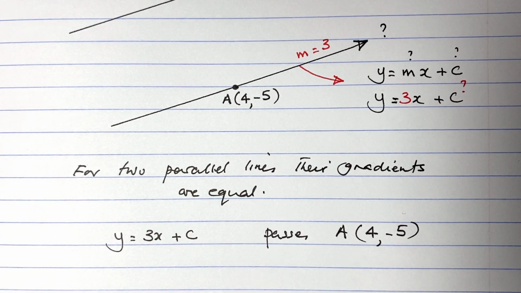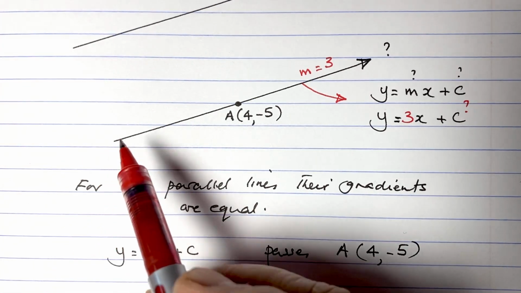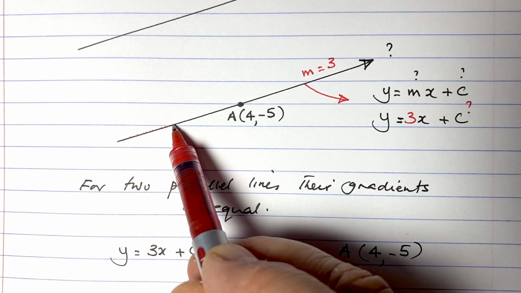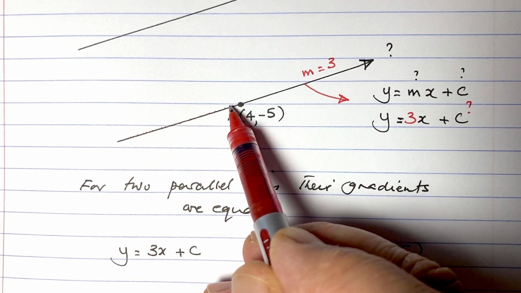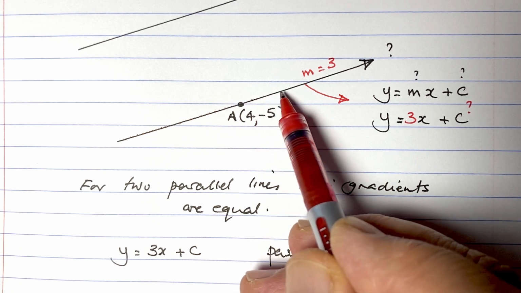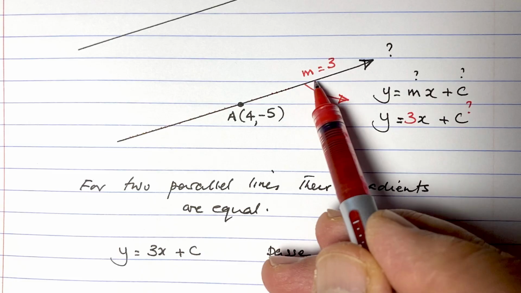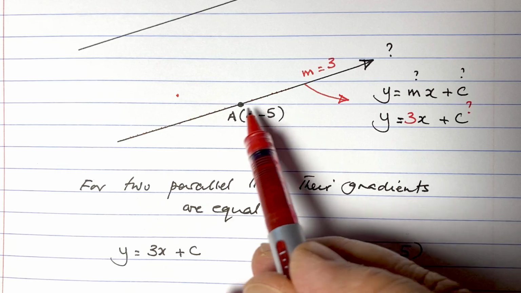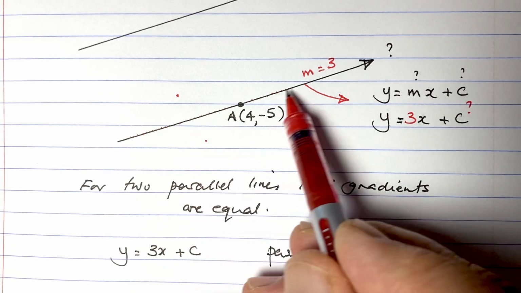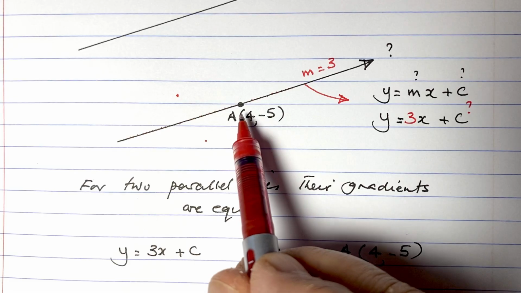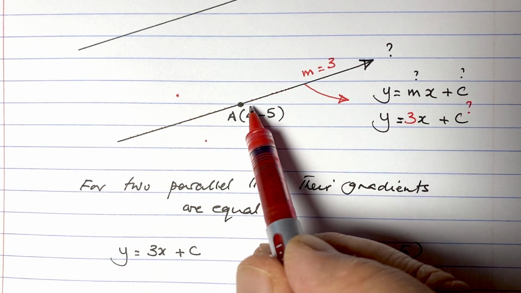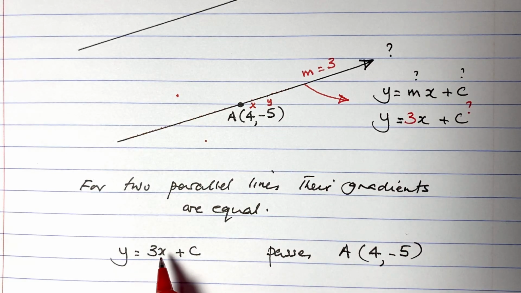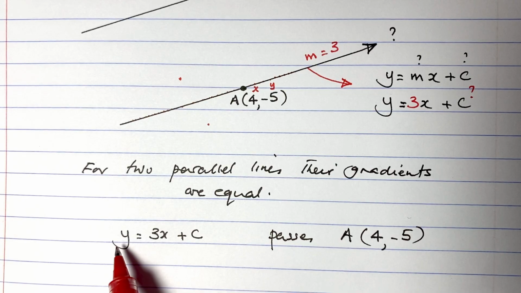Now, you got to understand what a line is made of. A line is made of a series of points joined together following the same rule. All these points follow the same pattern in order to make this line. This point does not follow the same rule because it's not on the line. So if a point lies on a line, its x and y coordinates must satisfy the equation of the line.